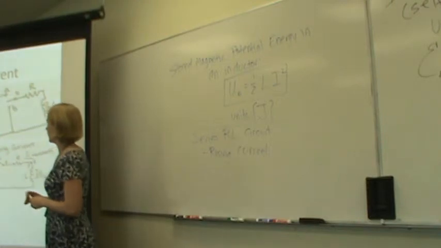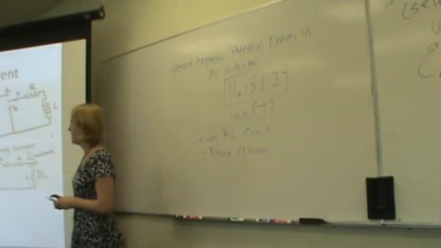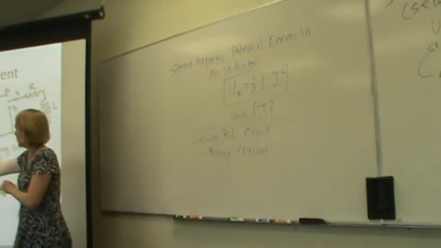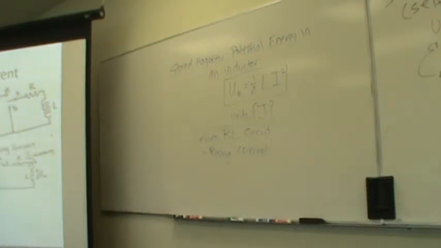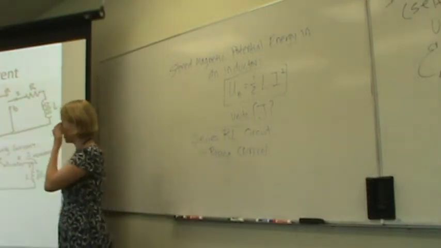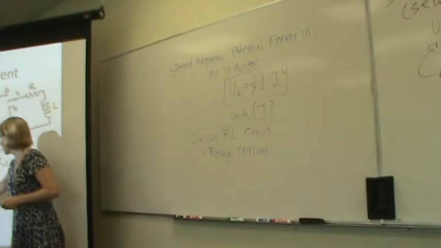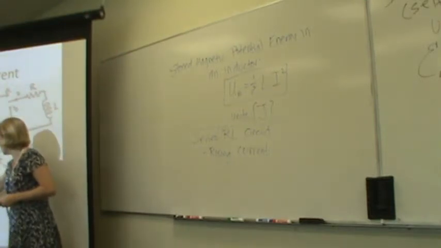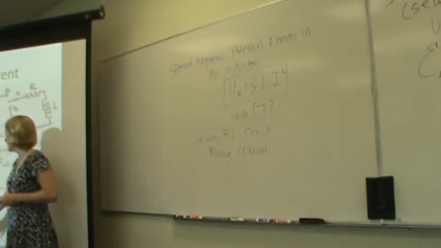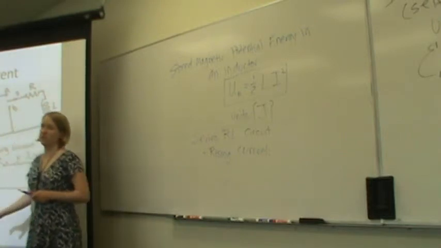Okay, so our solution for the current as it changes with time through the inductor is the battery voltage, so this is E, that's the battery voltage, not the induced EMF, over the resistance, times 1 minus e to the minus Rt over L. And then in the next one I replaced R over L with 1 over tau sub L. So tau sub L is called the inductive time constant, and it equals L over R. That's different.